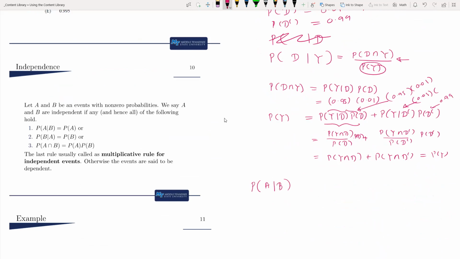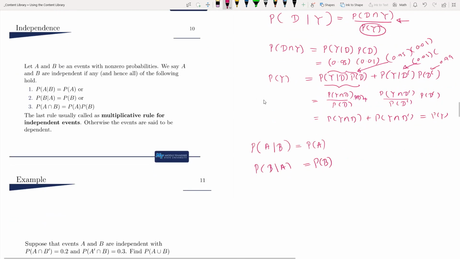Basically, whether you have knowledge that event B occurred or not does not change the probability of event A. In another way, I can say probability of B given A is the same as probability of B. If A and B satisfy this property, then they are independent.